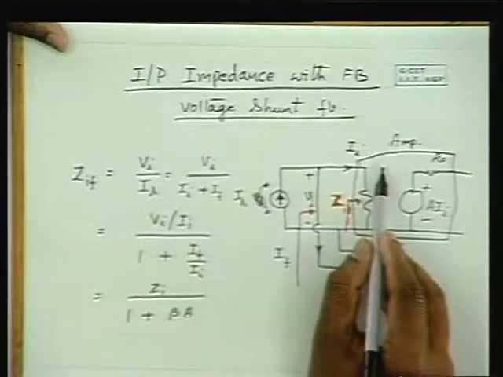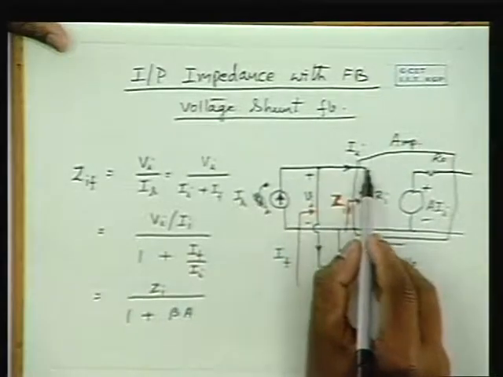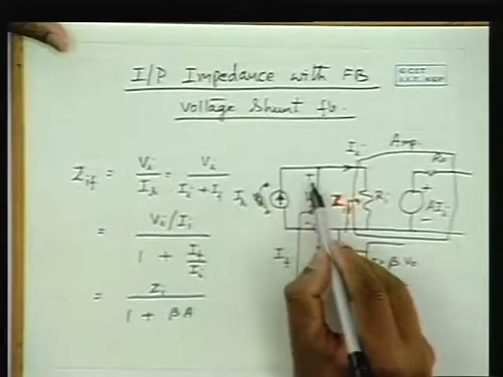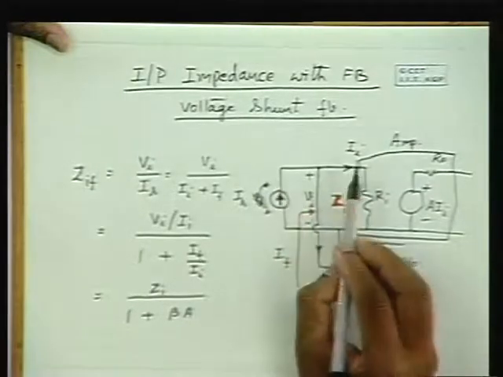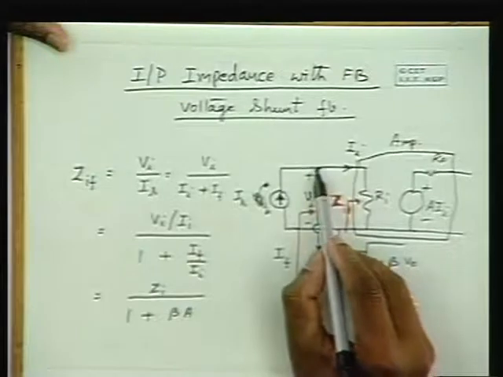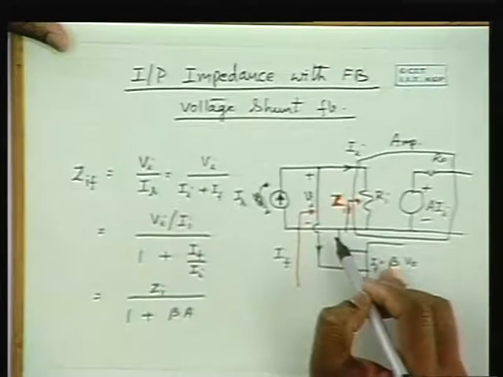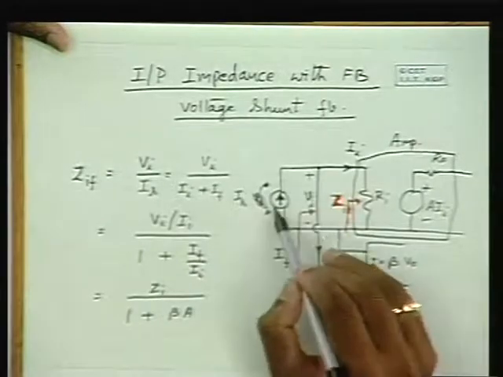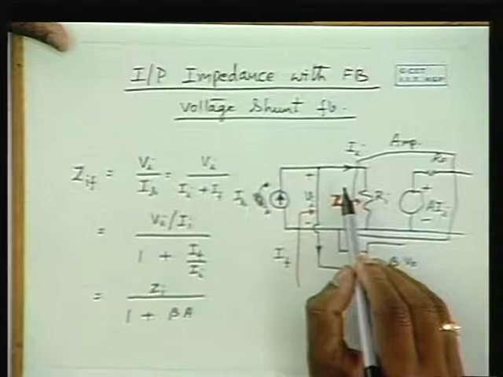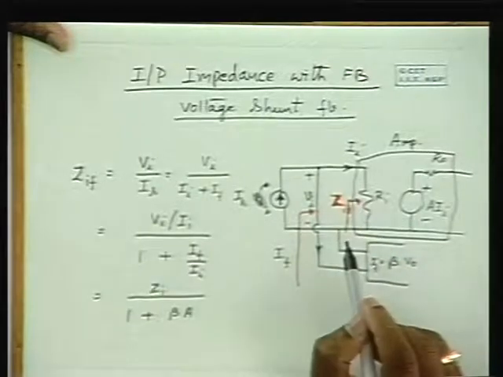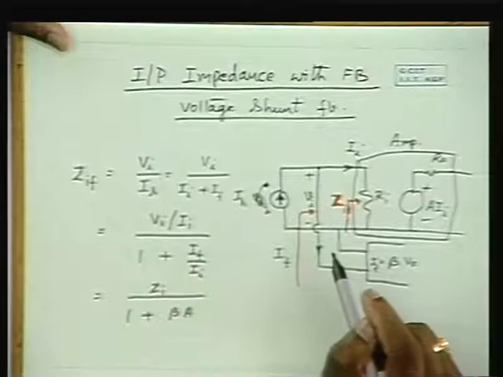When you want, say, 1 milliampere here, if it draws 5 milliamperes from the source, then 1 milliampere goes through this and 4 milliamperes go through this. Effectively, for the same input voltage the current drawn is more. Therefore, the input impedance is low. In this example, it is 5 times lower than the input impedance of the amplifier without feedback.